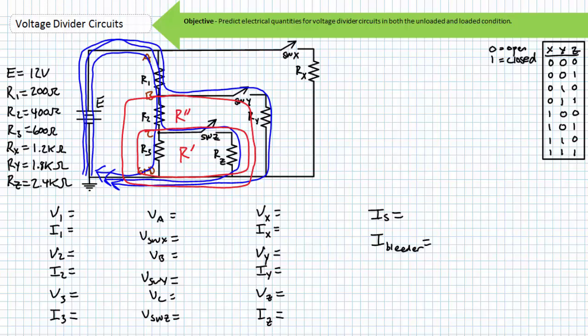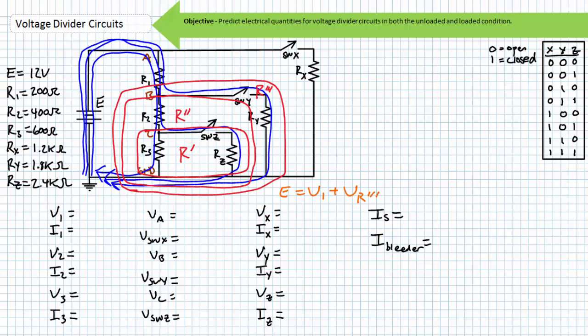At node C, bleeder current and current bound for load resistor Rz part ways. Since R'' is in parallel with Ry, the voltage drop across these two paths will be the same. Since R3 is in parallel with Rz, the voltage drop across these two components will be the same. No current will travel through Rx, and no voltage will be dropped across it.